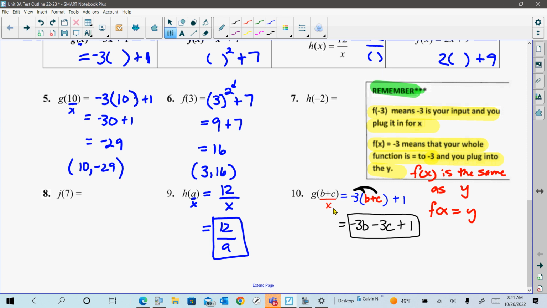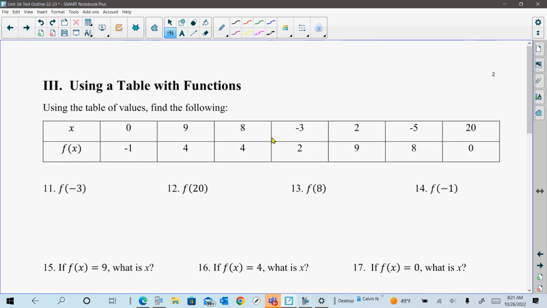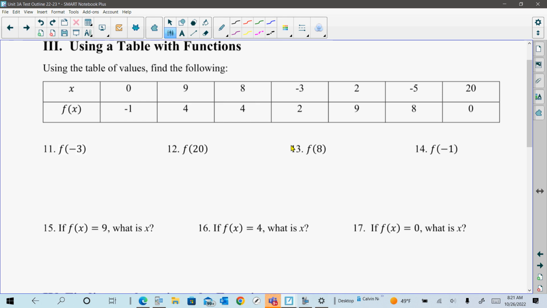All right, so then you have to read off of tables with functions. So if we go to 11 through 17, remember your x represents your input, and your f of x, which is the same thing as y, is your output.